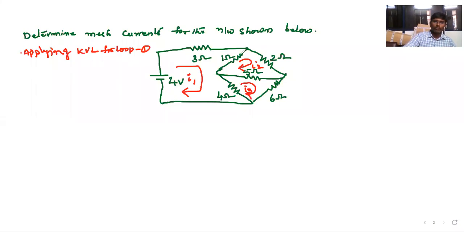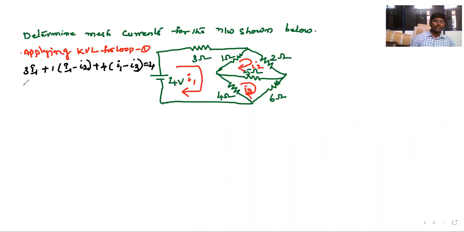The first loop comprises 3 ohm, 1 ohm and 4 ohm. Therefore the voltage drop across 3 ohm is 3 into I1, plus 1 into (I1 minus I2), plus 4 into (I1 minus I3), is equal to 4.